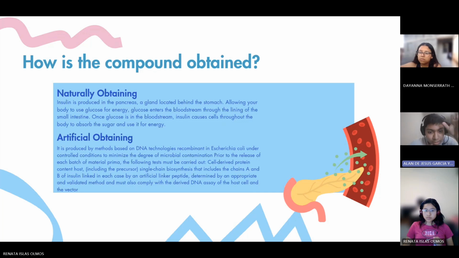Also, there is a single chain biosynthesis that includes chain A and chain B of insulin linked in each case by an artificial linking peptide. It is also determined by an appropriate and validated method and must be complied with by the derived DNA assay of the host cell and the vector.